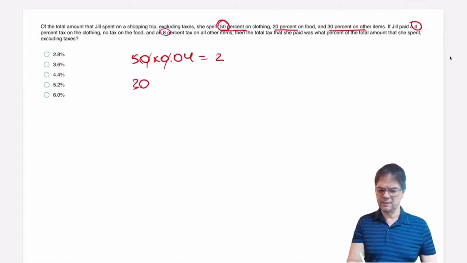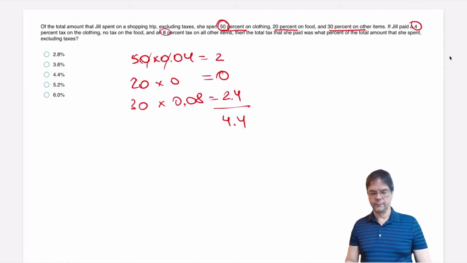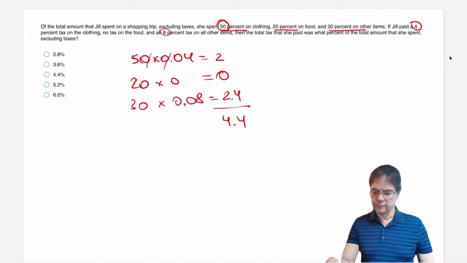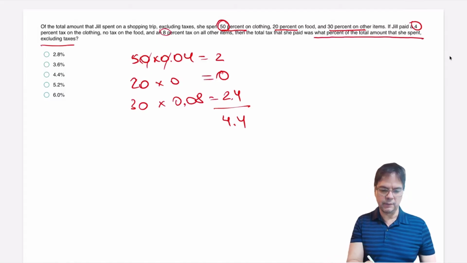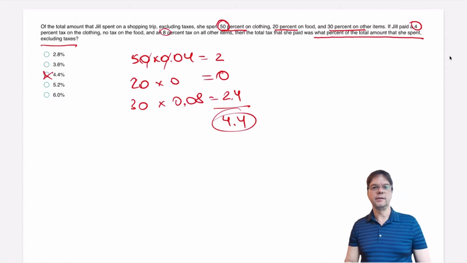On food, 0. So 2.4 plus 2, so 4.4. Okay. So what percent of the total amount that she spent includes that? 4.4%. Is that okay? Is that right?